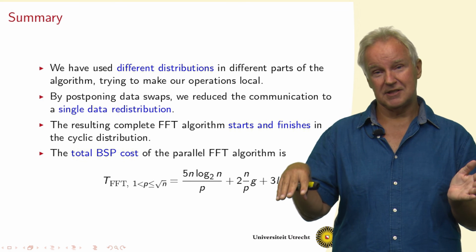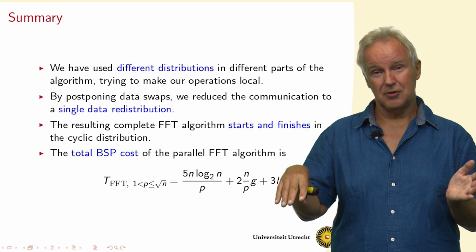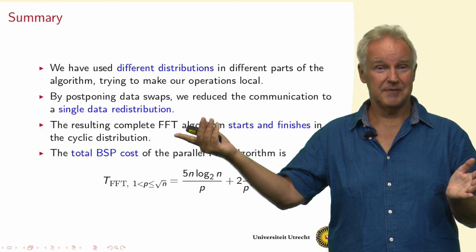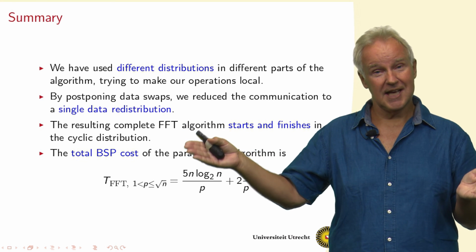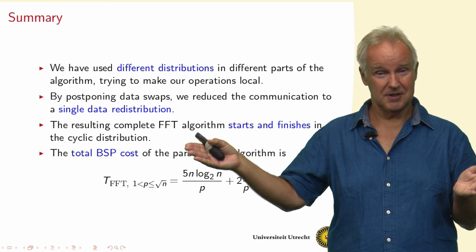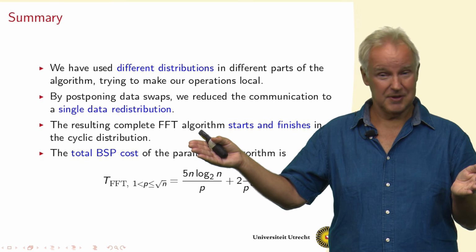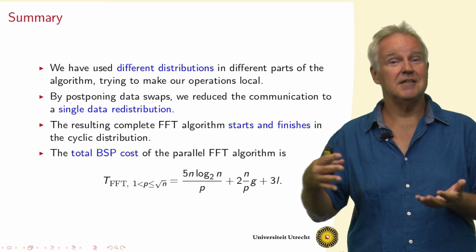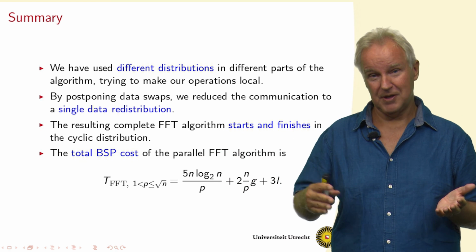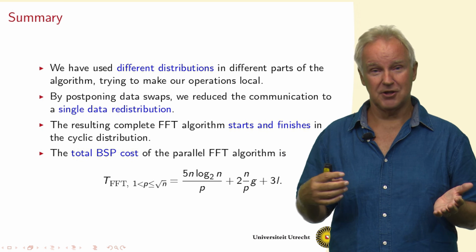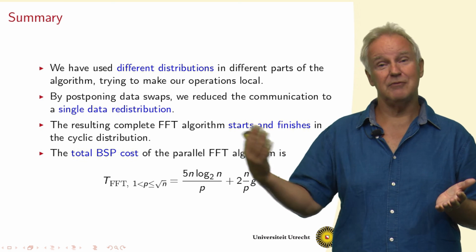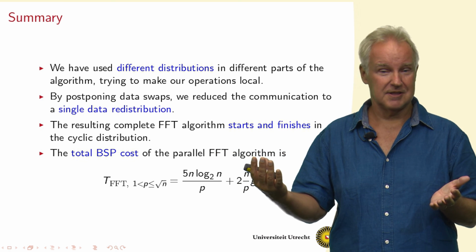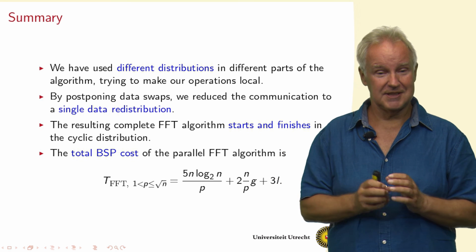At some point, it moves to a block distribution. So it starts and ends in a cyclic distribution. And that's very useful. The input is in the same format as the output. You can chain the fast Fourier transform to perform more after each other, or perform an inverse transform if you want. That's all very easy that way.